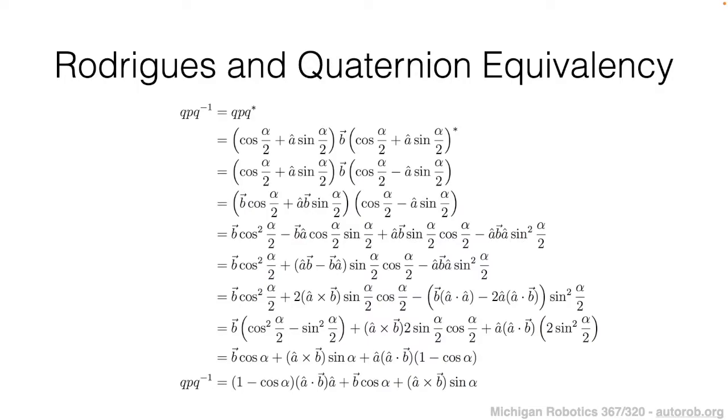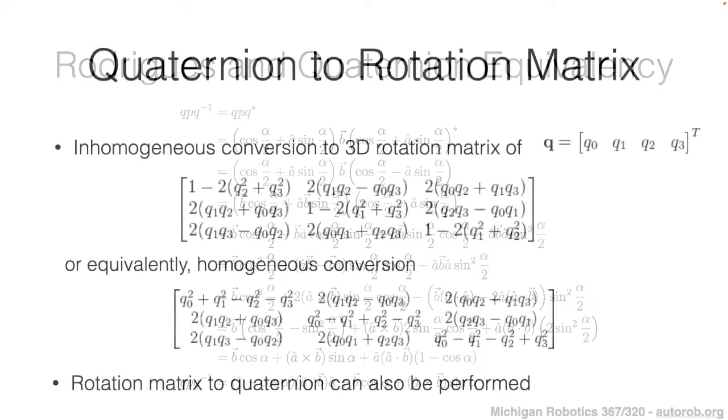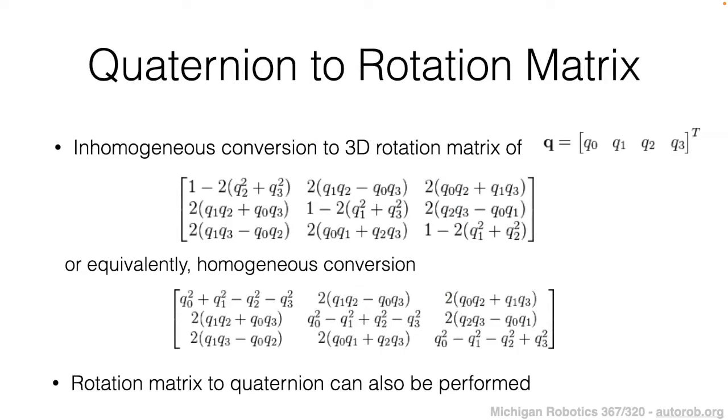Another thing to restate here is that Rodrigues and quaternion axis angle rotations are equivalent. This slide works through the actual proof of that, where we show how multiplying in the quaternion form will ultimately result in the same Rodrigues axis angle rotation equation that we saw earlier. In addition, which is how we're going to be using quaternions for assignment 4, we can express quaternions in a rotation matrix form.